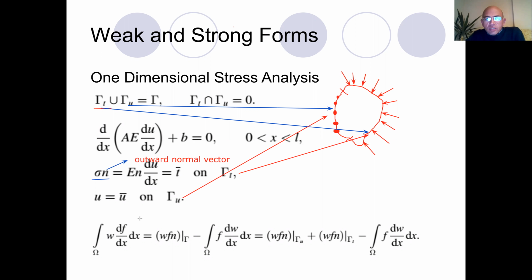Now we can write any function, but remember that let's weight the derivative of a function f. So w df dx integrated in the domain omega. Here omega is the domain that we are interested in.